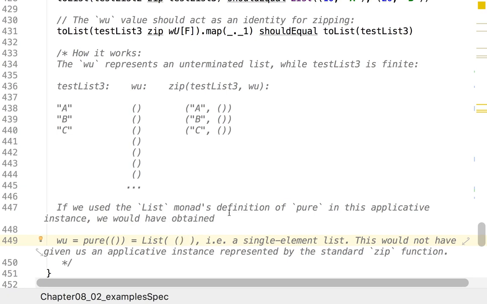Now, certainly, if you define zip through the monad instance and not in this way, then you would have a very different behavior. And then, of course, the laws will hold. This zip defined from the monad will take each element from the first list and each element from the second list and put all those pairs as a resulting list.